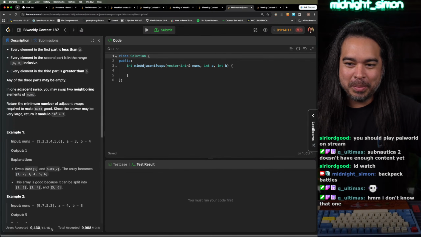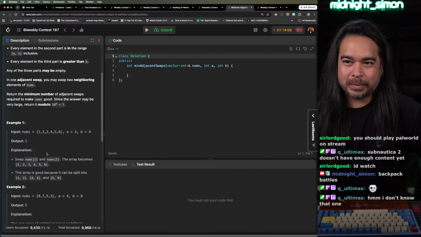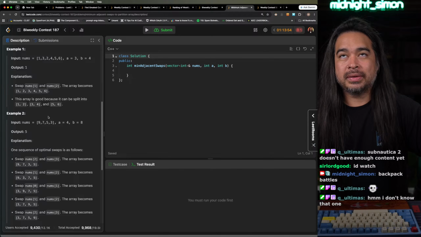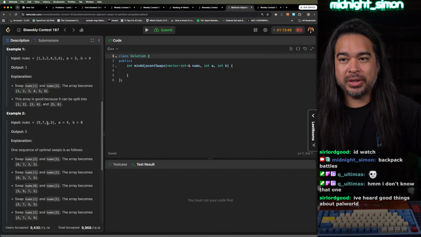Minimum, man, look how many people solve this. Alright, let me look at example 2, 9753. I'd count, we have 1 below 4 and 1 above 5. So you can only swap adjacents though. To get this to the beginning, I need 1, 2, 3 swaps.